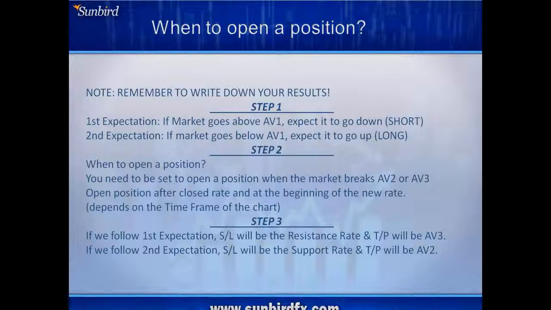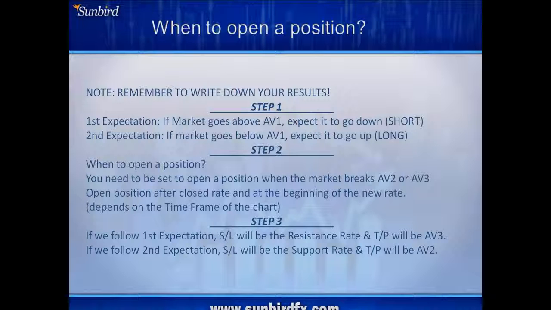Step 2, when to open a position. If the market goes above average 1, you're expecting it to go back down. You get ready to open a position when it breaks through average 2.